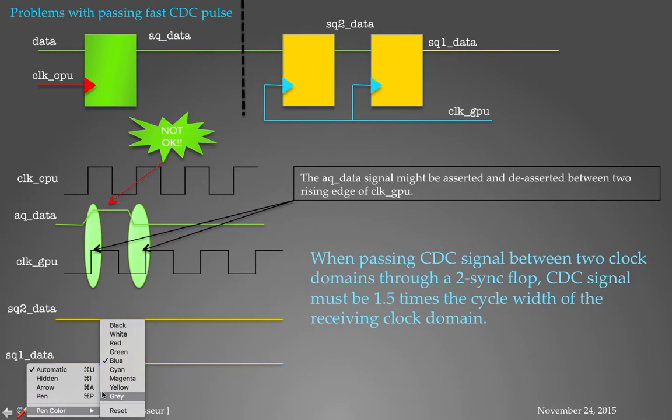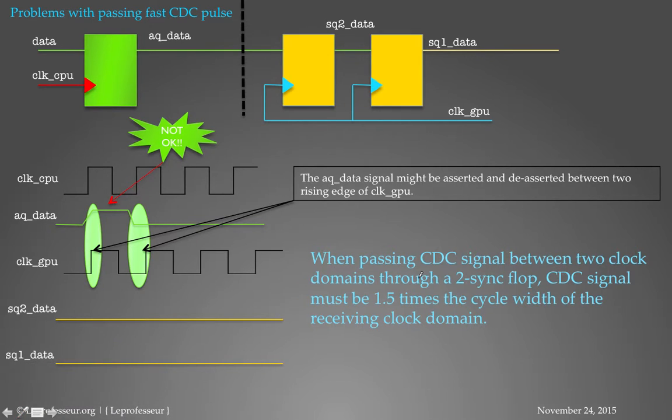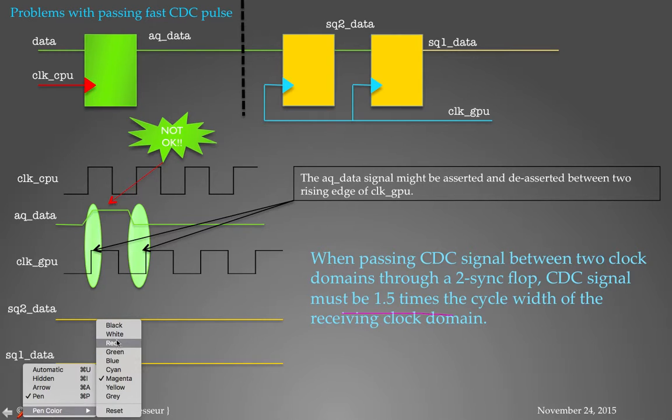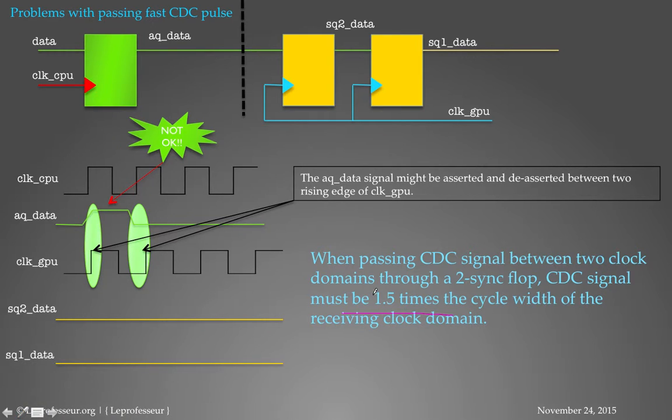People have done research and found that when passing a CDC signal between two clock domains through a two sync flip-flop structure, the pulse width of the CDC signal should be at least 1.5 times the width of the receiving clock period.